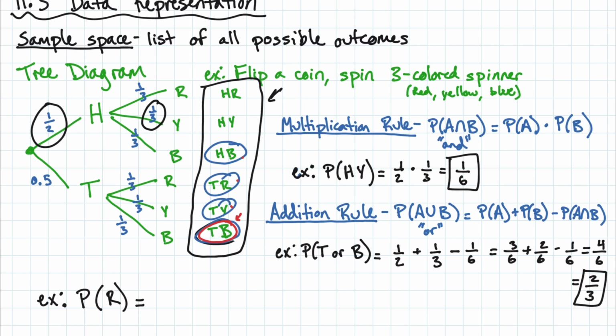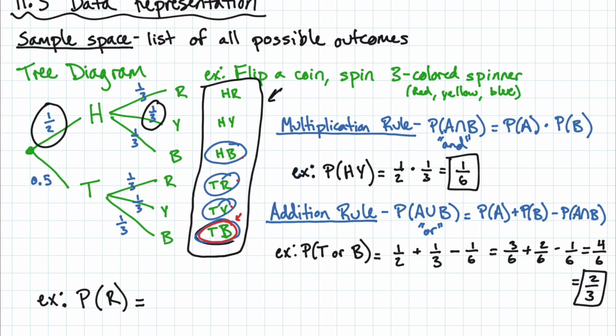But sometimes we have a pretty easy example because all of our probabilities were the same for each branch. But in one of your math space homework questions, they have different probabilities on some of those branches. So I want to show you what to do in that case, where you just have to follow the branch all the way through.